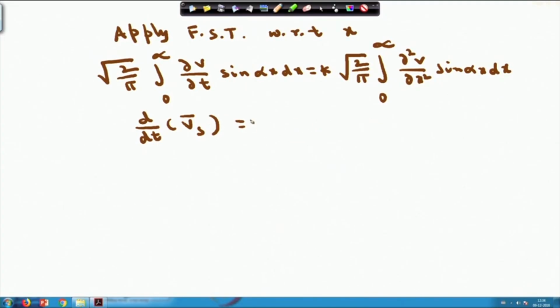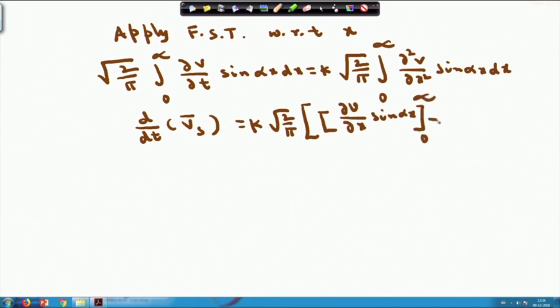And following a similar process to what we were doing earlier, you will get ∂v/∂x sin(αx) from 0 to infinity minus α ∫ from 0 to infinity of ∂v/∂x cos(αx) dx.